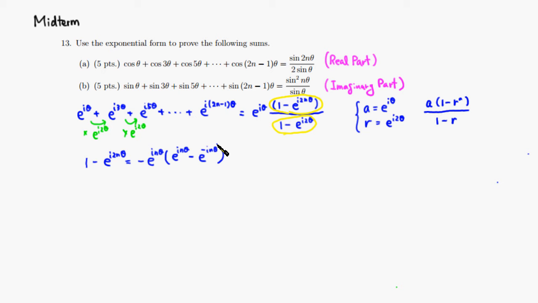Then, since we have the numerator of the definition of sine of n theta, we can divide through and multiply. So I'm going to divide by 2i and multiply by 2i there.